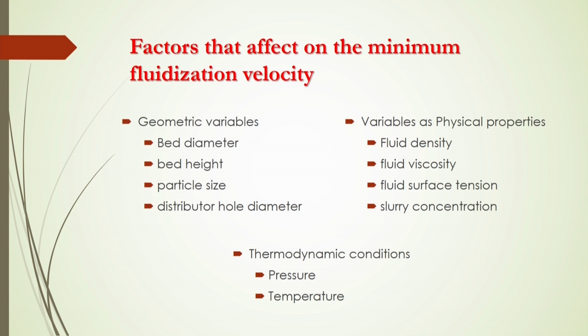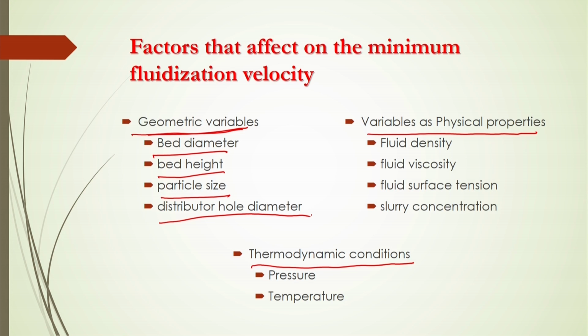Now, what are the factors that affect the minimum fluidization velocity? You can see some geometric variables, some physical properties, and some thermodynamic conditions. Geometric variables include bed diameter, bed height, particle size, and distributor hole diameter through which the gas or liquid is distributed.